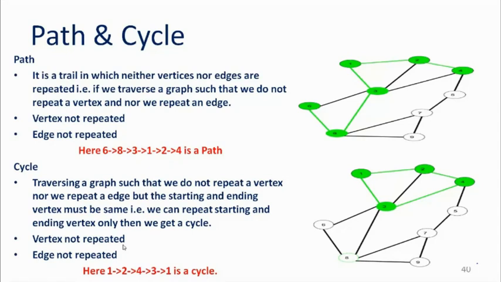Some protocols will work on connectivity, some protocols will work on bandwidth, some protocols will work on congestion in the network. So they will always try to find the less congested path to traverse the packets. Depending upon different criteria, the path selection will happen.